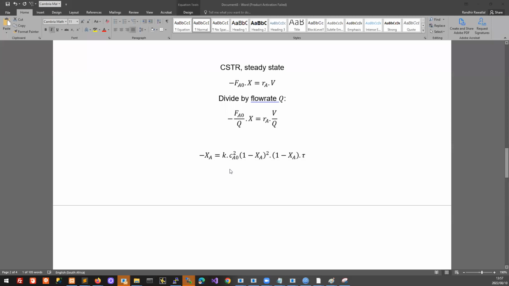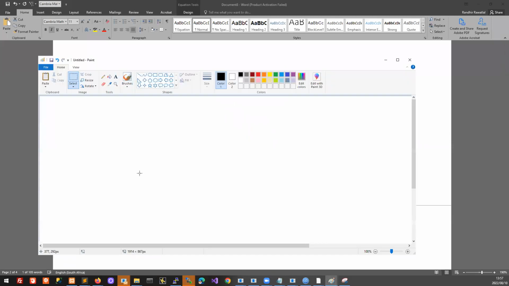And one of the things we should do is take a step back and think about, is it true that we should be able to work out the conversion for this CSTR? So here's our CSTR. We are fully specified in terms of the reaction rates. So our reaction rate, the expression at least, is given.